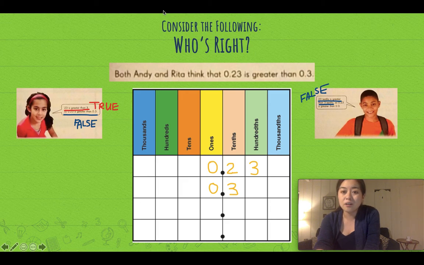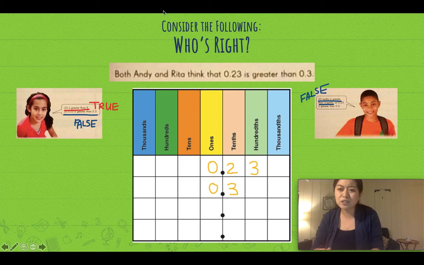So the way that he tried to say it and understand it was incorrect because 23 tenths is not the way that it's written in the place value chart. But is what he said correct?